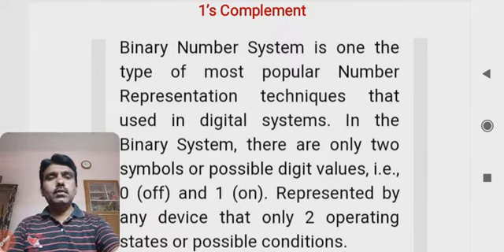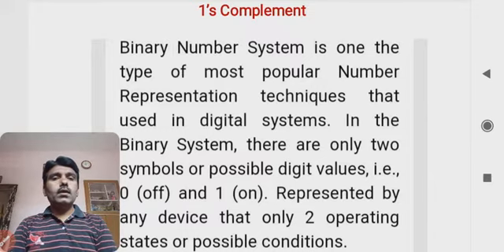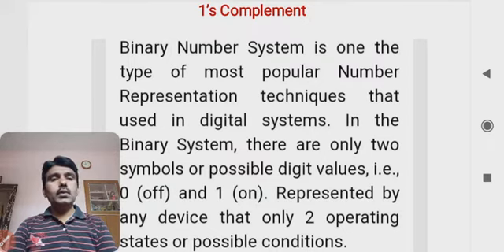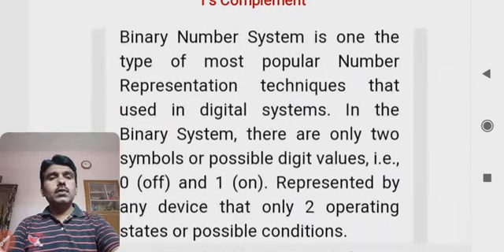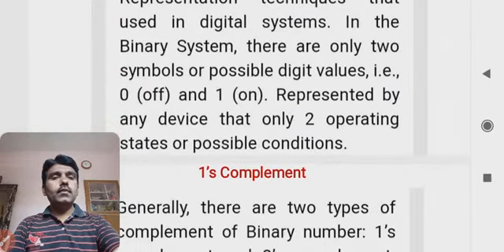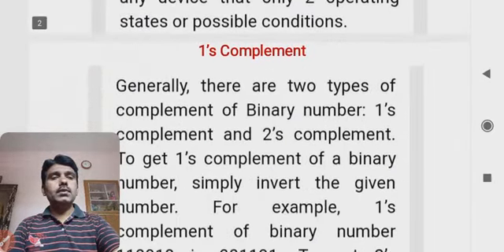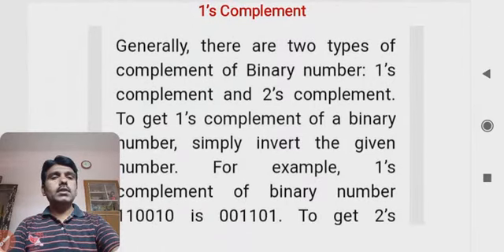And in this case, the one's complement is nothing but the inverse of whatever digit is there, so the one's complement is simply the inversion of whatever number it is.